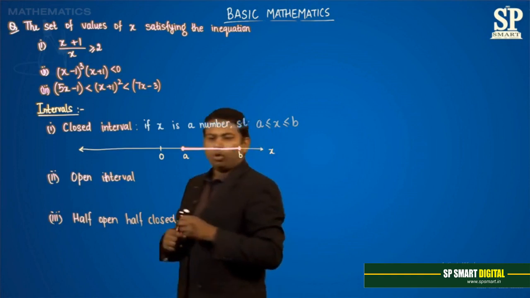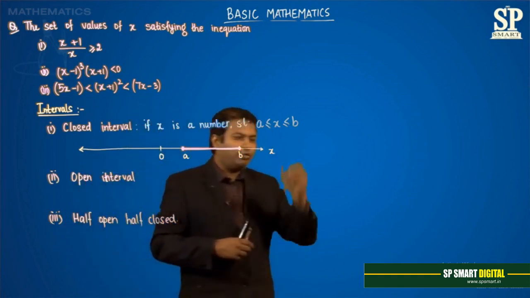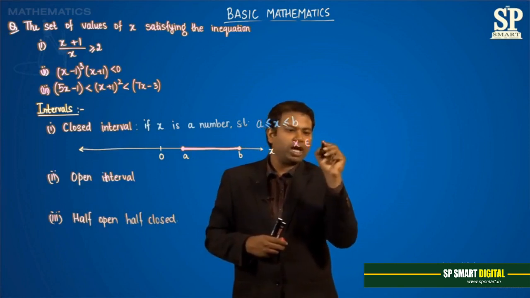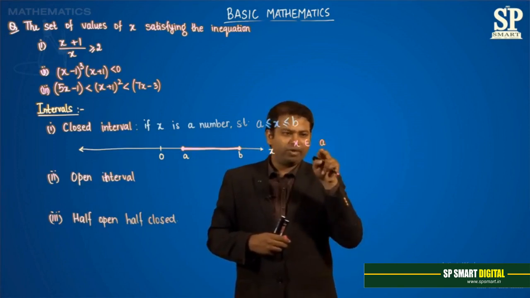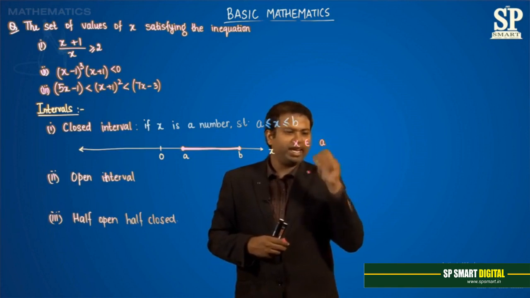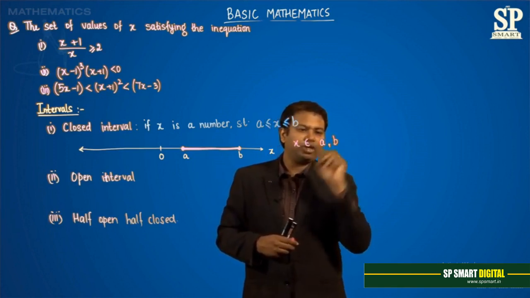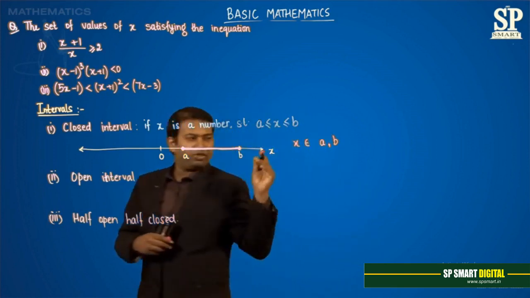Now if we want to write it mathematically, we represent x as x belongs to, there are two numbers, first the smaller one which is a, and then we put a comma and then we put the upper limit which is b.